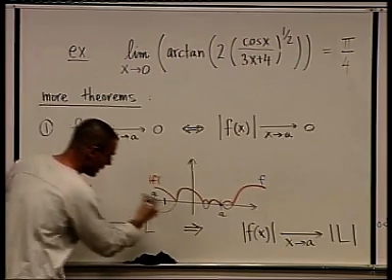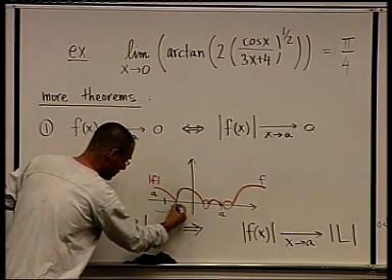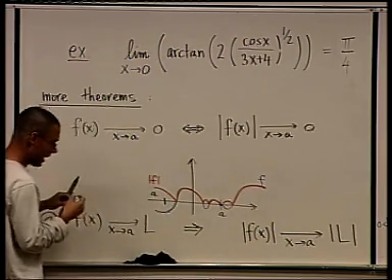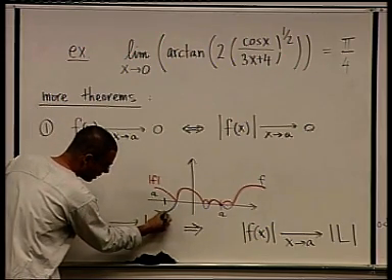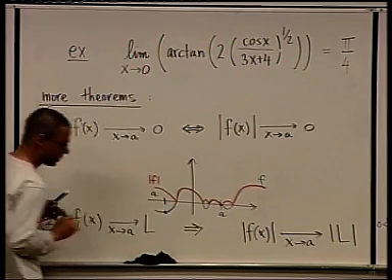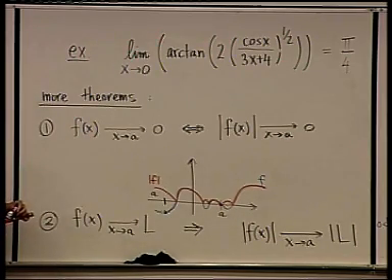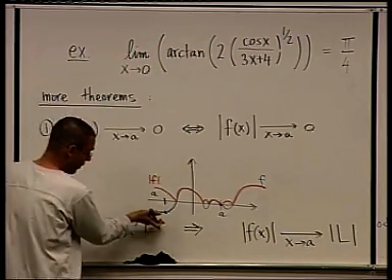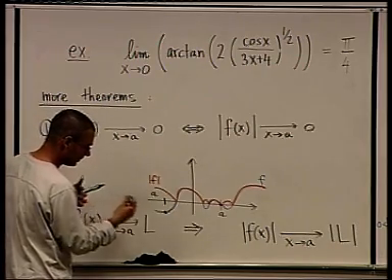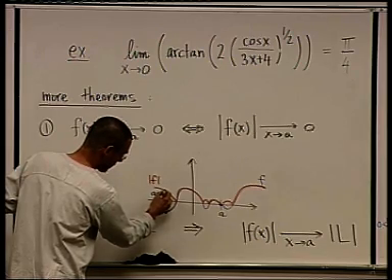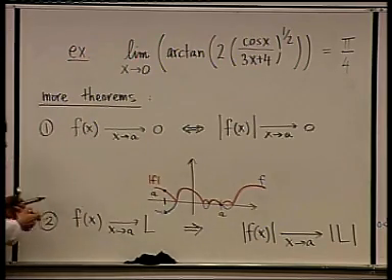So f itself was this blue line, and when x approaches A, f of x approaches this value here. So this was L. Do you agree? So f of x in absolute value now approaches L in absolute value. Do you agree to this statement?